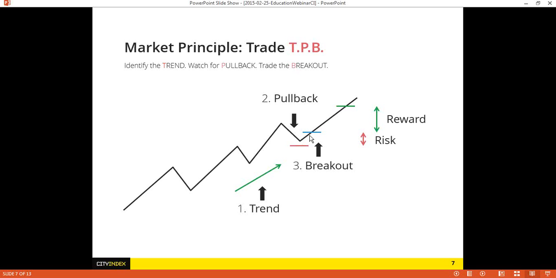Why am I looking for a breakout? Well, this breakout is showing me that short-term momentum is agreeing with a longer-term trend, and therefore I want to get in. Look, I'm looking for edges in my trading. So this breakout is showing me that short-term momentum is agreeing with the longer-term trend after the pullback, and therefore I'm gathering my edges.